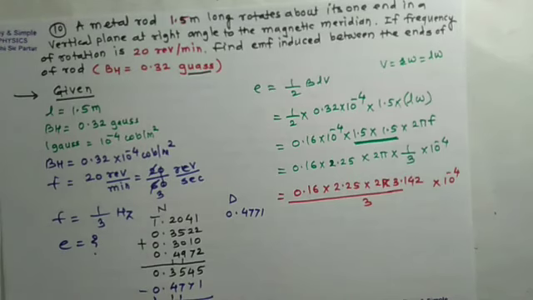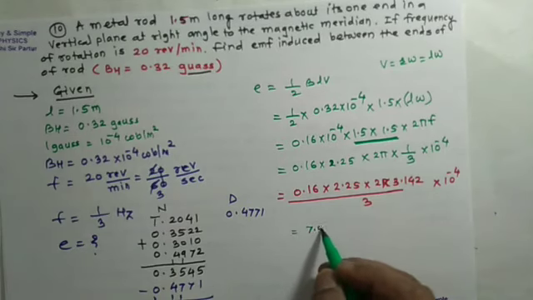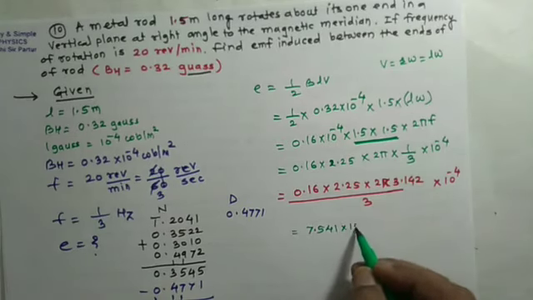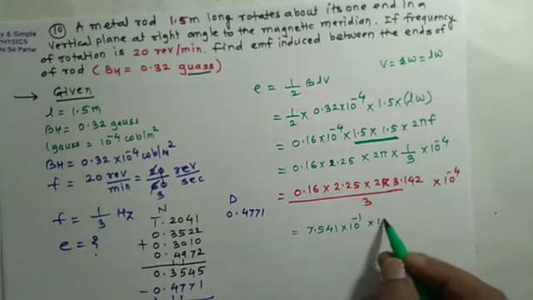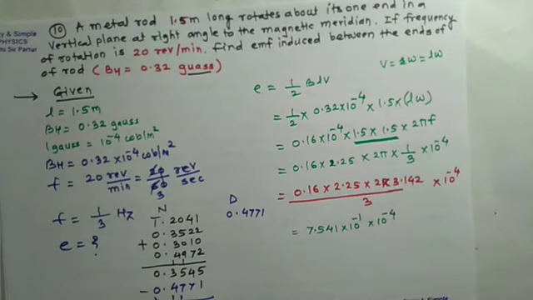The antilog of 0.87 in 7. So here 0.87 in 7 will be 7534, and the 4 mean difference will be 7. 3, 4 and 7, that is 41. So 7.541 into 10 to the power minus 1 into 10 to the power minus 4.